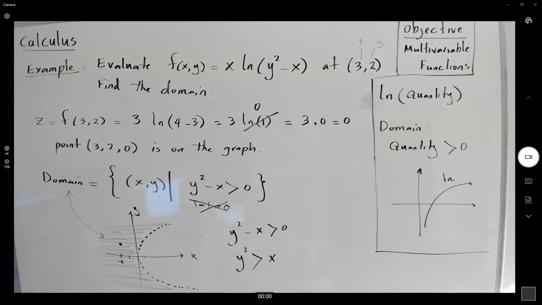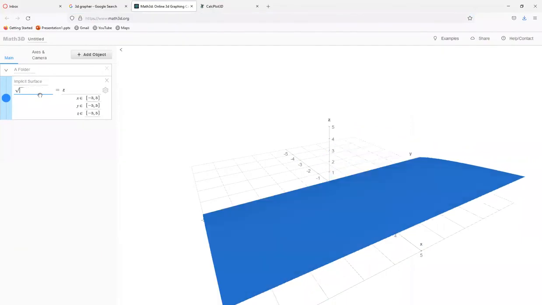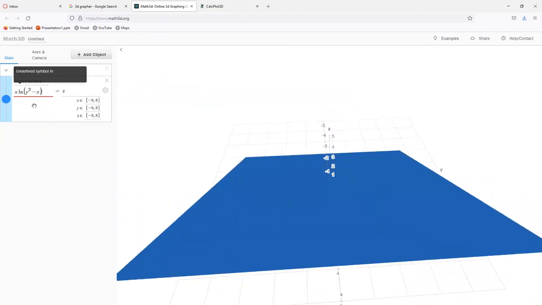Let's visualize this function. So this function is x times log or ln of y squared minus x. Okay, let's see. Down here, we don't have anything. Okay.